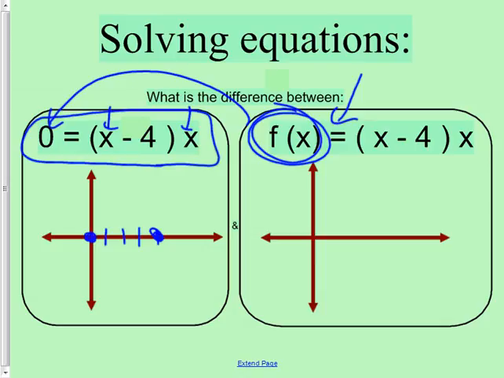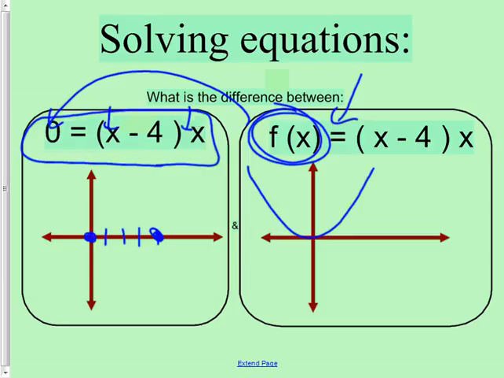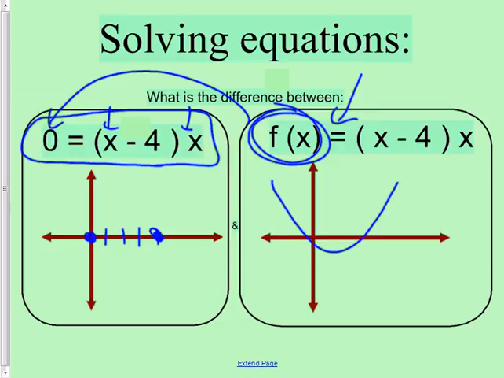So if that's x squared minus 4x, that's like a parabola. X squared. But wait a minute. We know that it touches, from looking at this, we know that it touches at 0 and 4. So I better move this guy over like that. Now that's the equation that goes through those same 2 points, but it has all these other things, so we have to draw a line that goes forever like this.